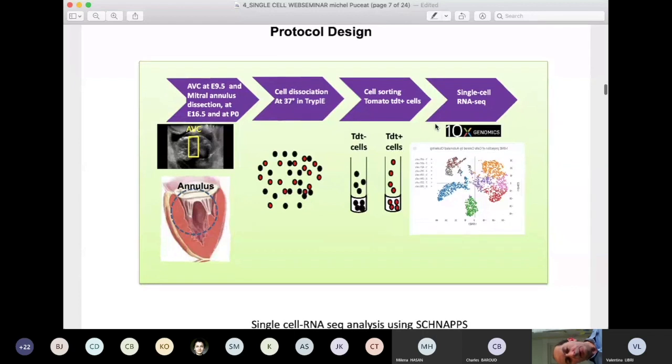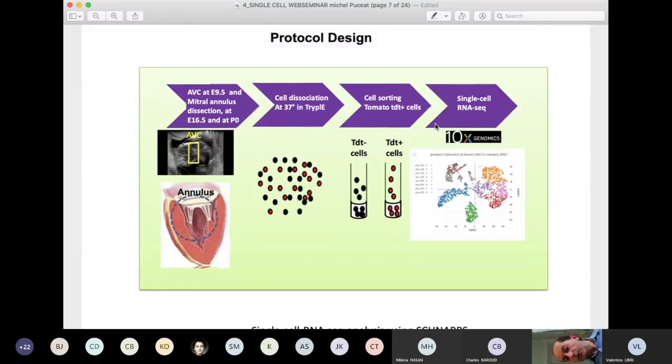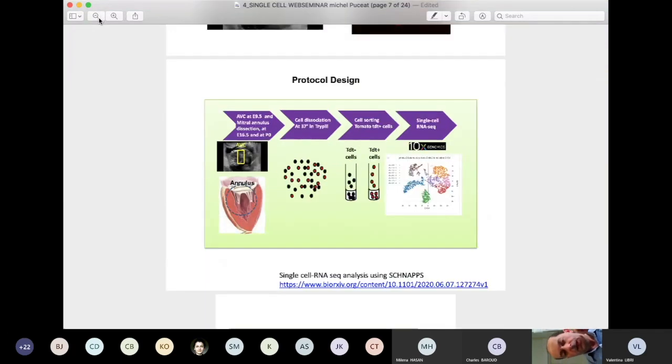So, next slide. In terms of protocols to have access to these cells, at E9.5 we dissect this atrioventricular canal, and at E16.5 we dissect the mitral valve, in fact the annulus which supports this mitral valve. We did the same at the postnatal stage, at P0, because we wanted to get the neonatal valve as well.